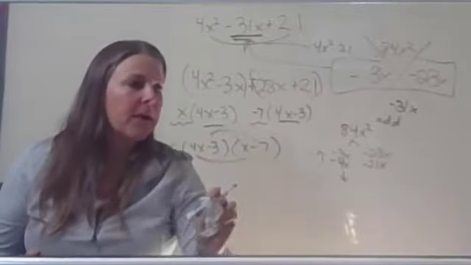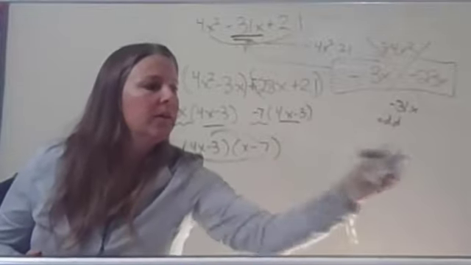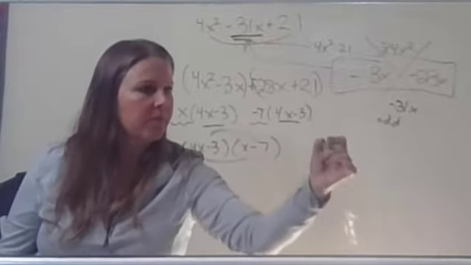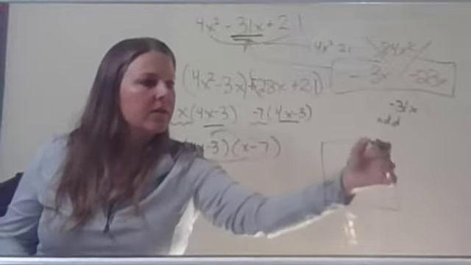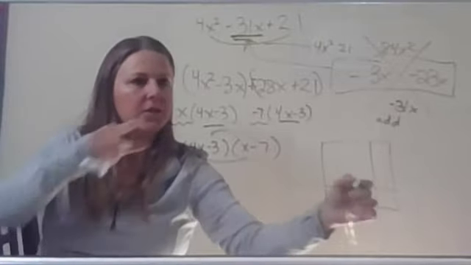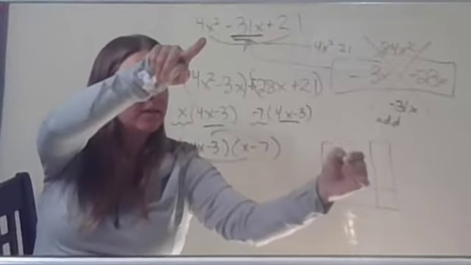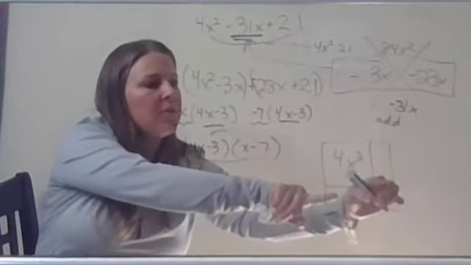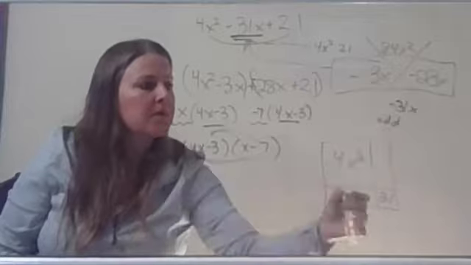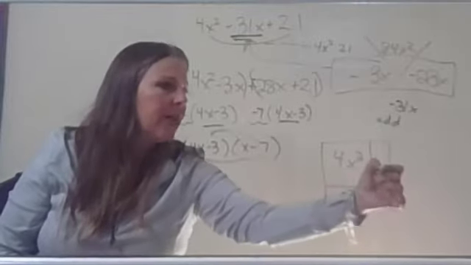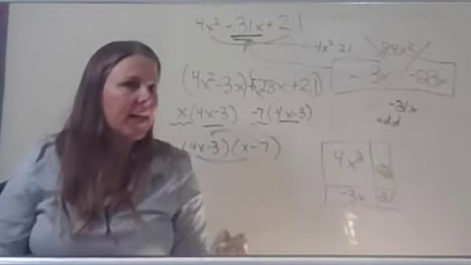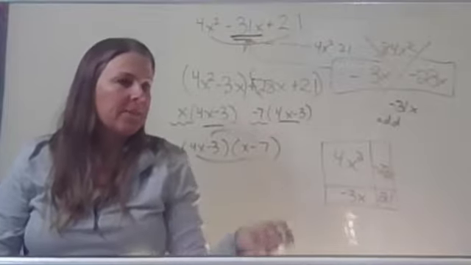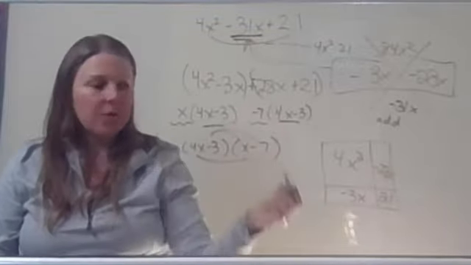Also, let's look at the box drawing of this. So you have a 4x squared. You have this 21, and then remember these two boxes are these two numbers. So one of them is a negative 3x and one of them is a negative 28x. So I happen to group them the opposite way, no big deal.